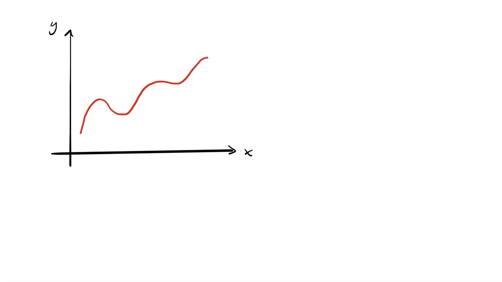Then we can also talk about continuous and discontinuous functions. So let's just draw some arbitrary function here. If I can draw the graph of the function like this without lifting the pen from the paper, without any jumps, then this is a continuous function.